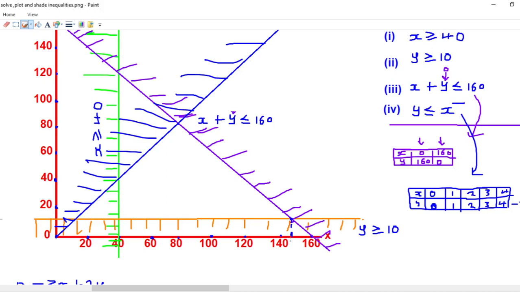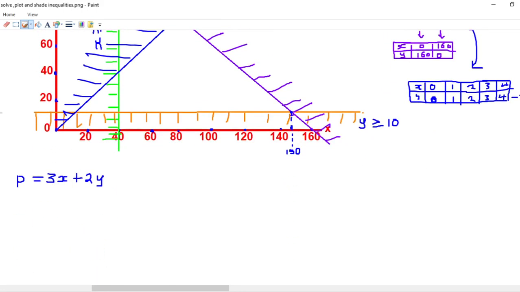So this will be 150, 10 right here. We have 150 here on the x-axis, so we are going to try it here with the same inequality. So the first one is 150 comma 10.